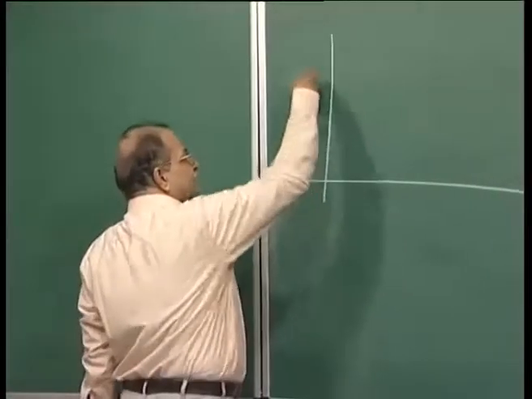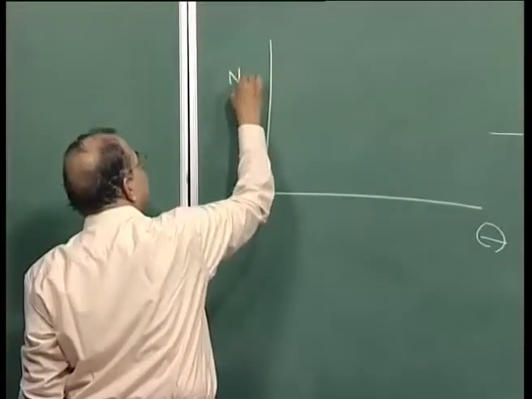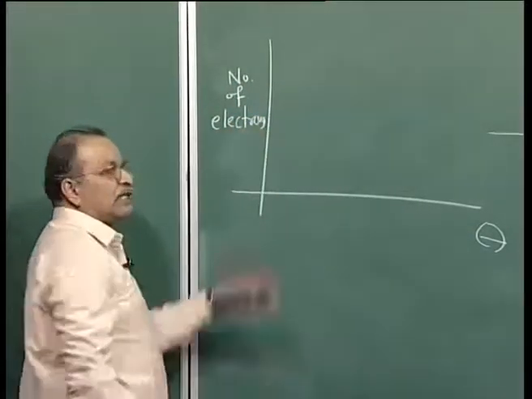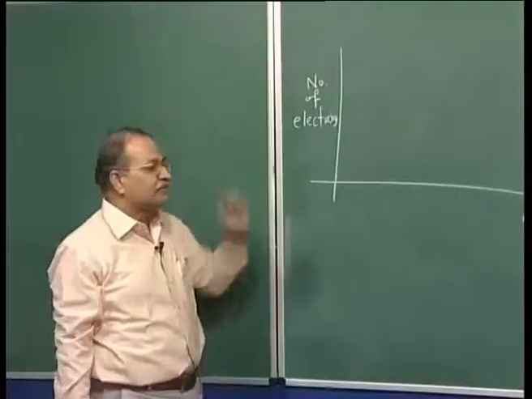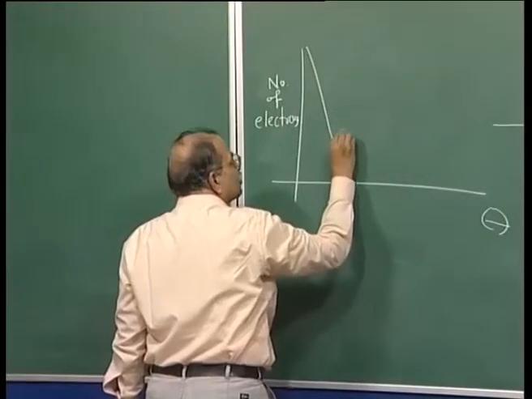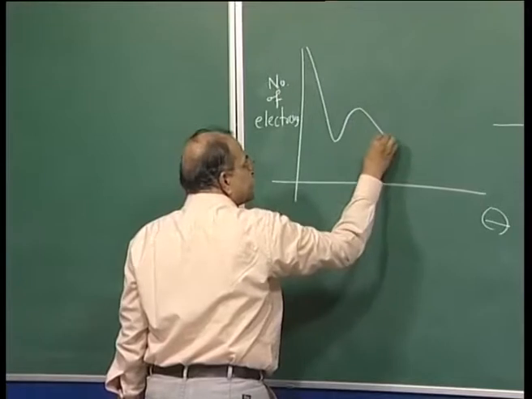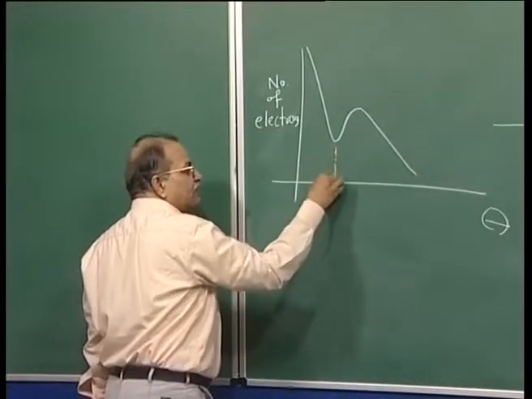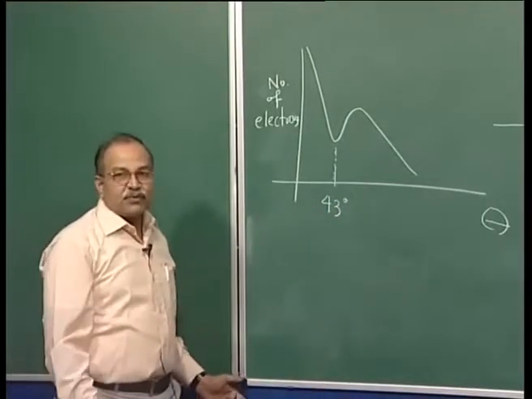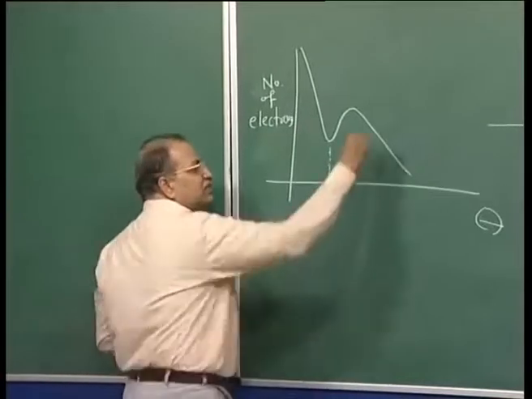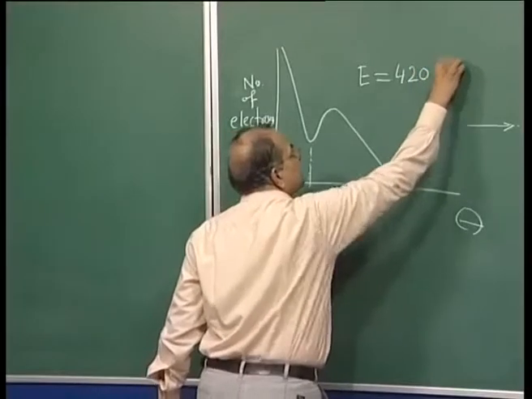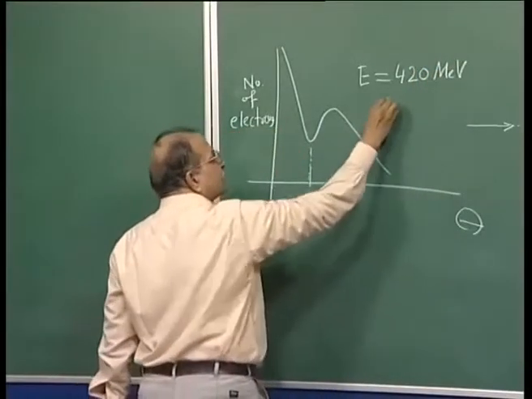Here it is written d sigma d omega, but you just take it as the number of electrons per unit time and per unit solid angle. So, you find that it decreases and then it goes through a minimum and then again it increases, and this angle was somewhere around 43 degrees or so. And what was the energy of the electron? The energy of the electron was 420 MeV. And what was the target? The target was oxygen.